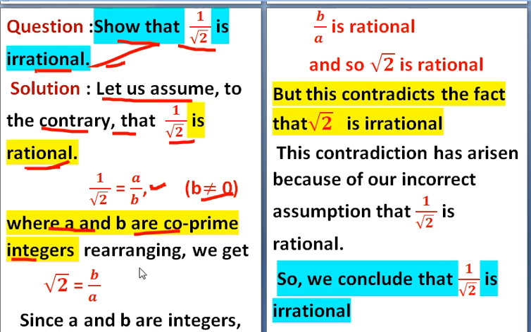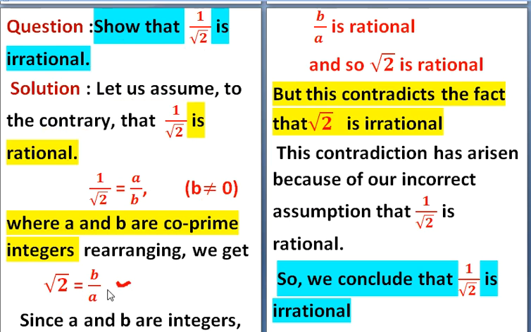Rearranging, we get root 2 equal to b by a, because in rearranging we take the reciprocal. The reciprocal of 1 by root 2 is root 2 by 1, which is equal to root 2, and the reciprocal of a by b is b by a.